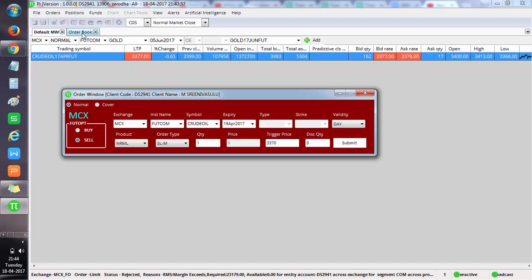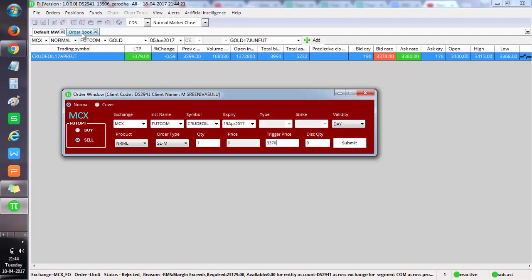Now the thing with SLM is, if you have traded before, you would know that whenever you place a market order, there's a possibility that the price may increase or decrease abruptly. That is, right now the LTP is 3377. The price may suddenly fall to 3365 also.